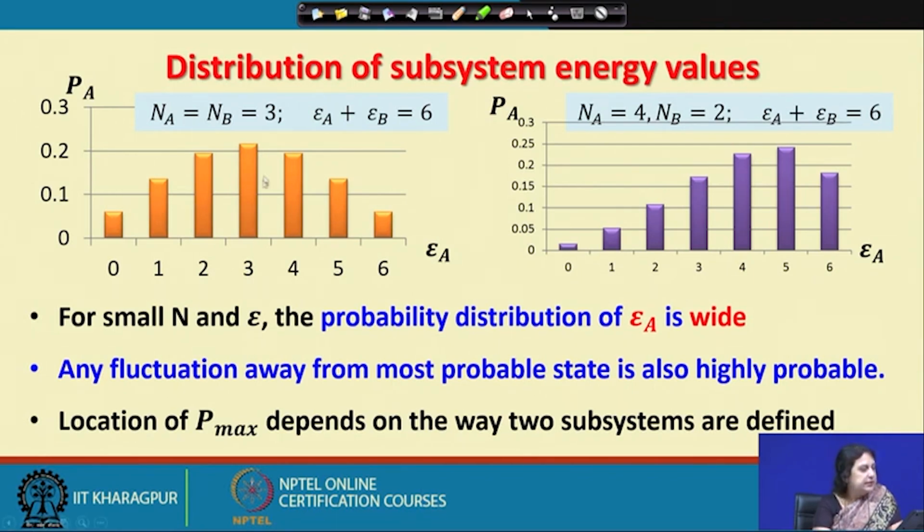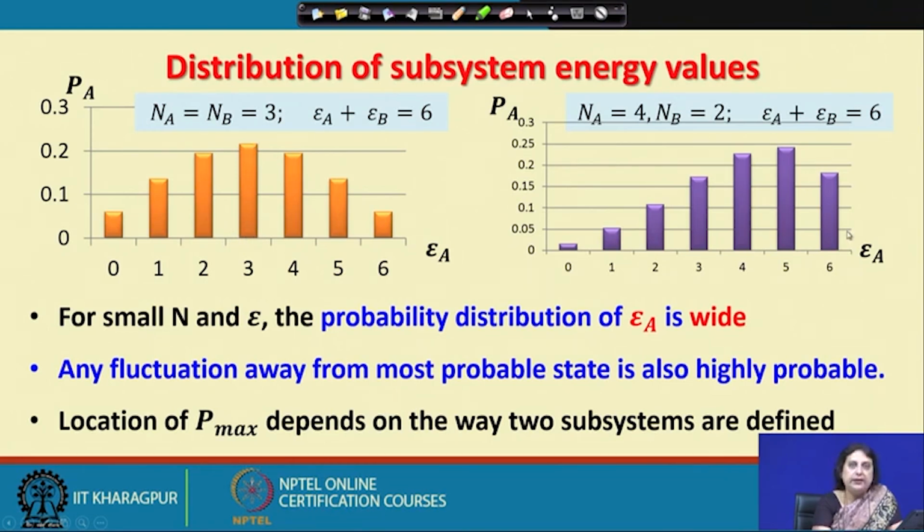As you see that the maximum probable state is associated with a probability of slightly more than 0.2 here. Once again, look at the two states on the two sides. This is epsilon A equal to 4 and epsilon A equal to 2. They are slightly less than 0.2. So, any fluctuation away from the location of the maximum, like epsilon A changing from 3 to 2 or 3 to 4, is nearly as much possible as the observation of epsilon A equal to 3.